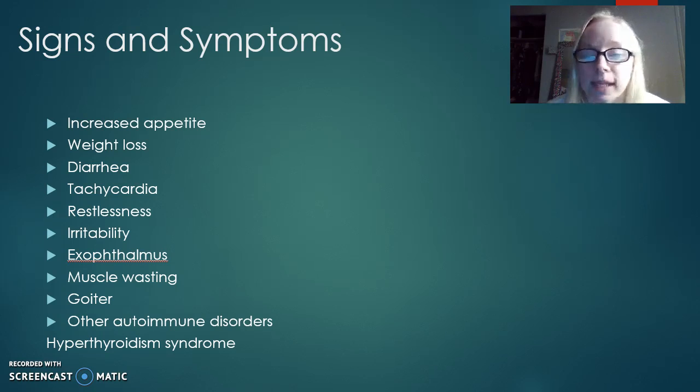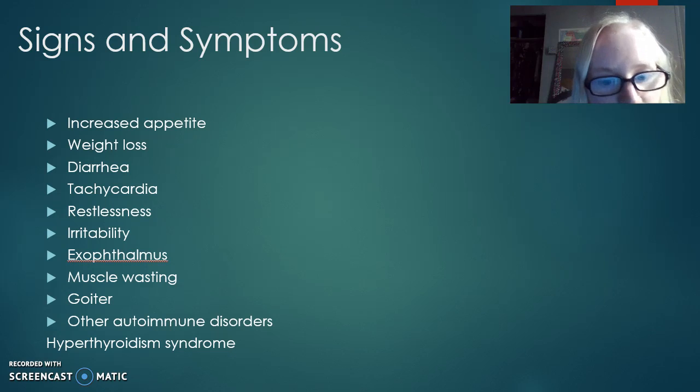Those include increased appetite, weight loss, diarrhea, restlessness, irritability, tachycardia, protrusion of the eyes. There's also muscle weakness. Goiter is part of Graves' disease, and then again, it can be paired with other autoimmune diseases. And most of these are considered hyperthyroidism syndrome.